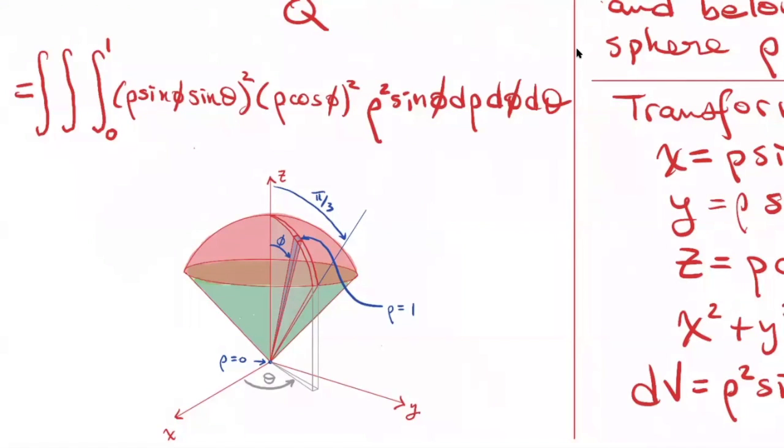Remember, if you go to 90, you'll go all the way down into the plane. So remember, the plane is 90 degrees down from the z-axis. And we don't want to go 90 degrees down. We want to go down pi over 3, which is 60 degrees, I think. So let's go 0 at the North Pole down to pi over 3 at the edge of the cone.